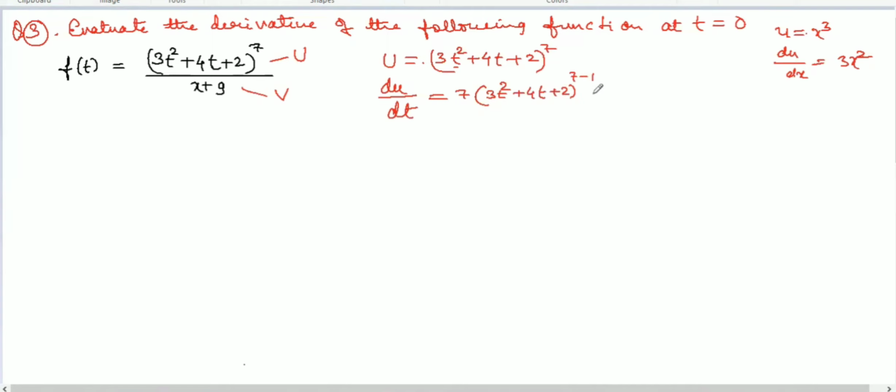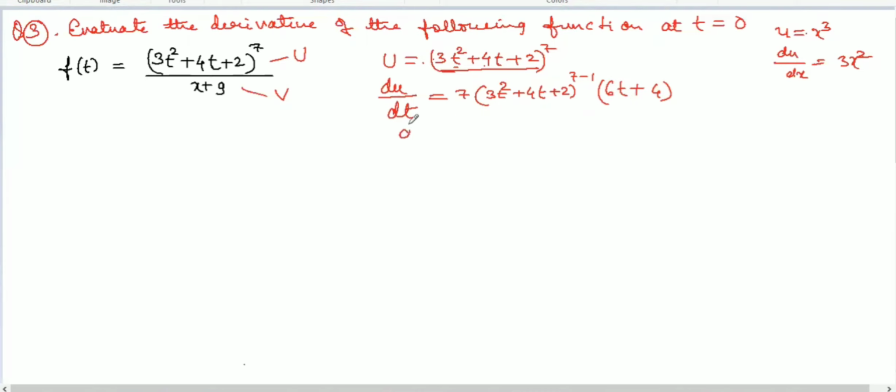So we will write it on the next step. Then we will use the chain rule. We didn't finish differentiating this function. We only did this term. Now we have to differentiate whatever is inside the bracket. Differentiation of 3t square, 2 will come over here, so this will be 6t plus differentiation of 4t will be 4.